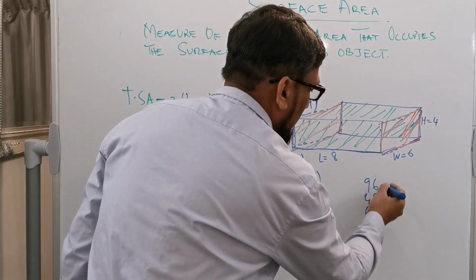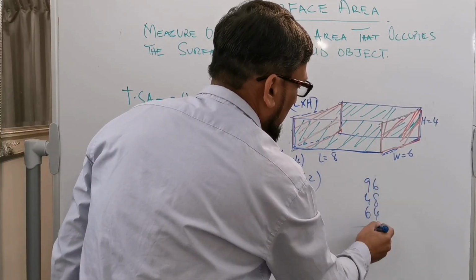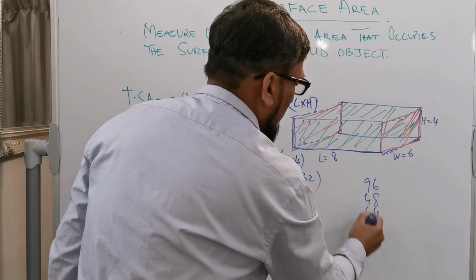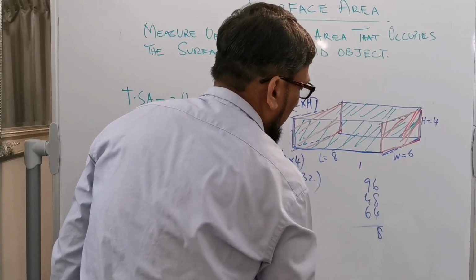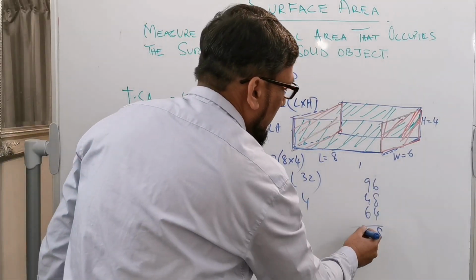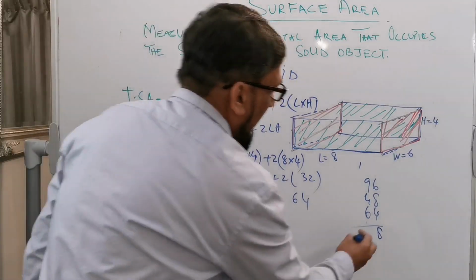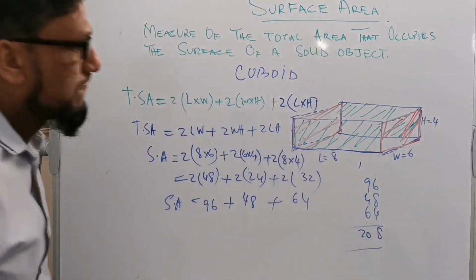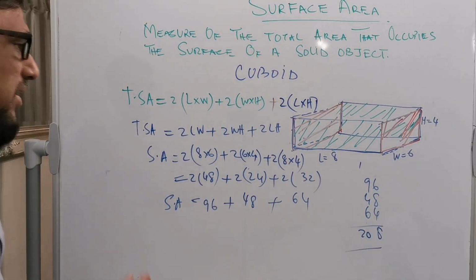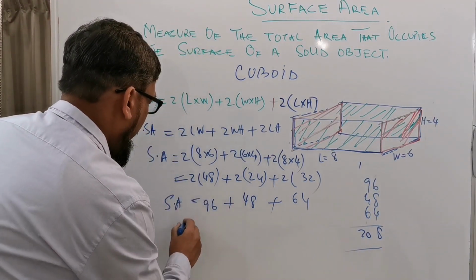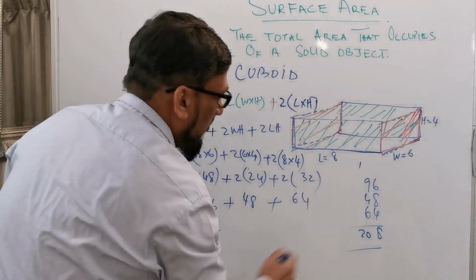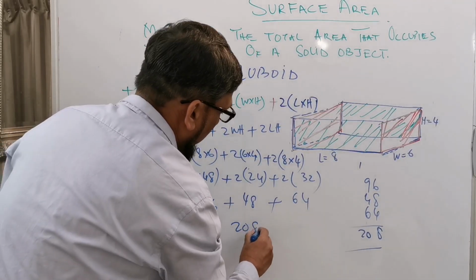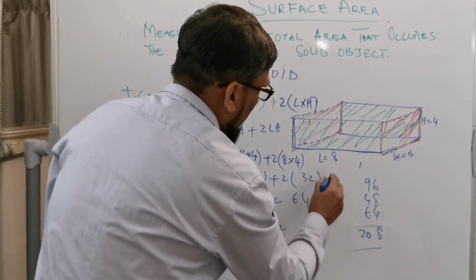So 96 plus 48 is 144, plus 64 is 208. So the surface area for this cuboid is 208 centimeters squared.